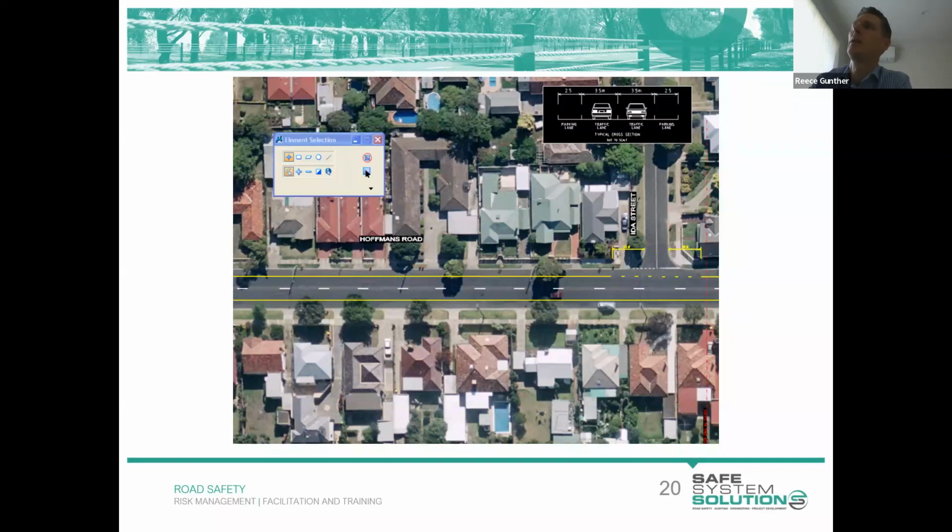Okay, yep. So in regards to this question, Matt, are you talking about when a larger vehicle is turning left into a minor road and essentially they're straddling the traffic lane? Yeah.